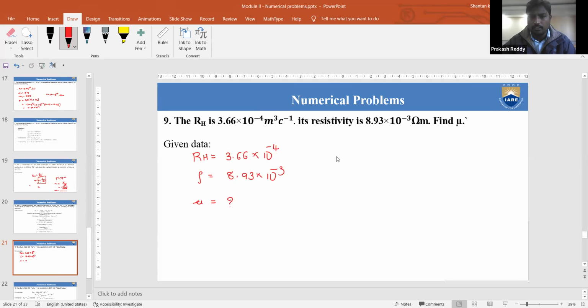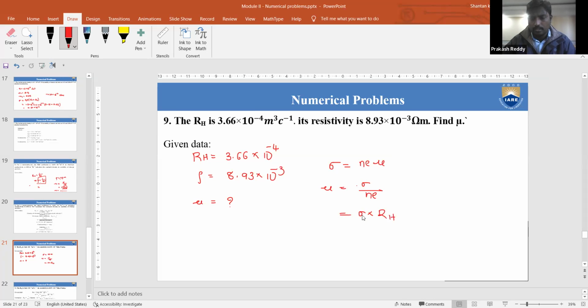What is the formula to find the mobility? We have a formula for conductivity, sigma equals n into e into mu. So mu equals sigma divided by n into e, that equals sigma into RH.